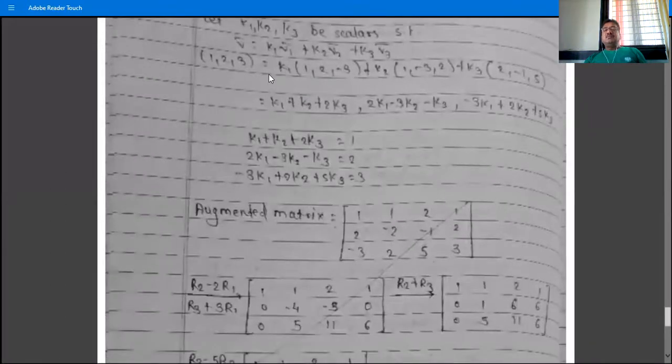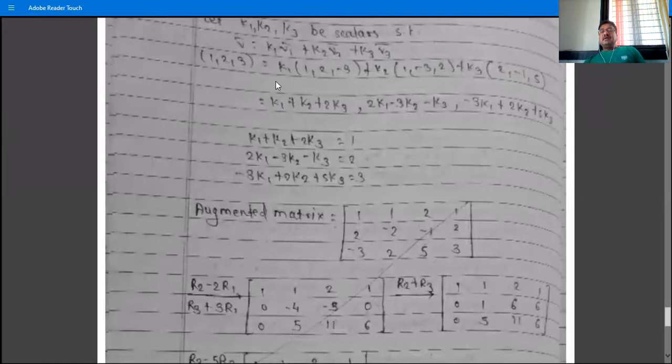So we write: (k1, 2k1, -3k1) plus, similarly, (k2, -3k2, 2k2), and (2k3, -k3, 5k3), and then add the respective sides.